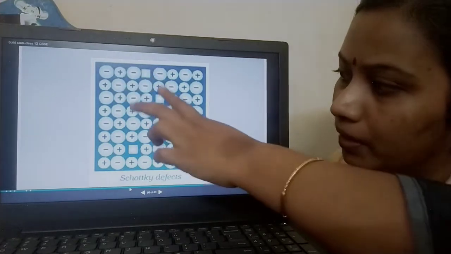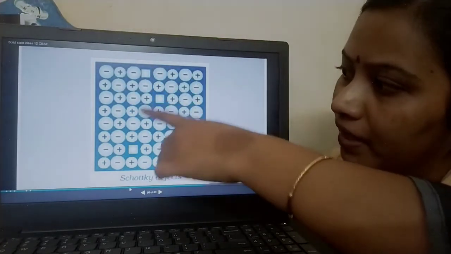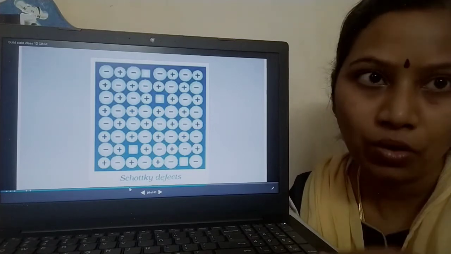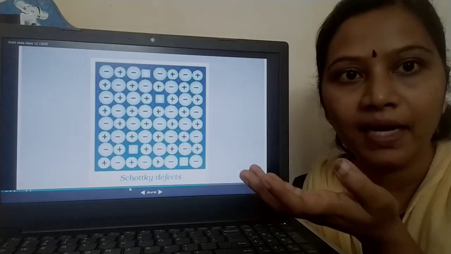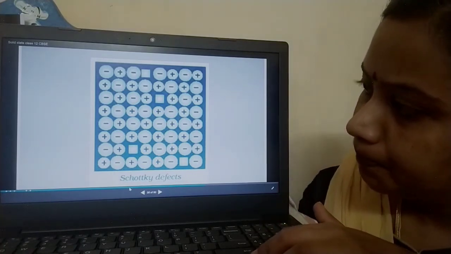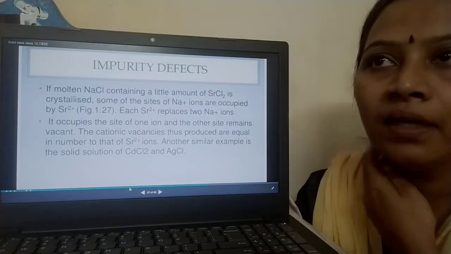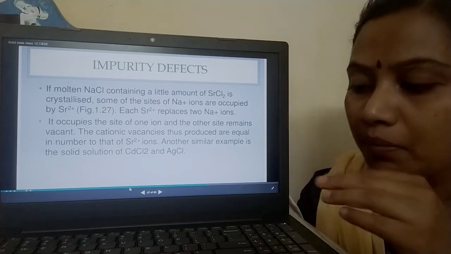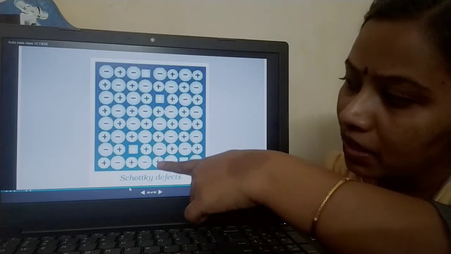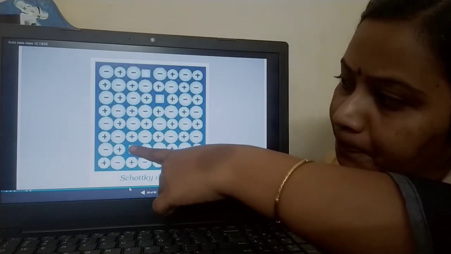They are vacant only. So whenever they are vacant, obviously there should be a decrease in density, but that decrease is not quite significant because the size of the cation and the anion are almost similar. So the number of cations and anions removed should be equal in number.